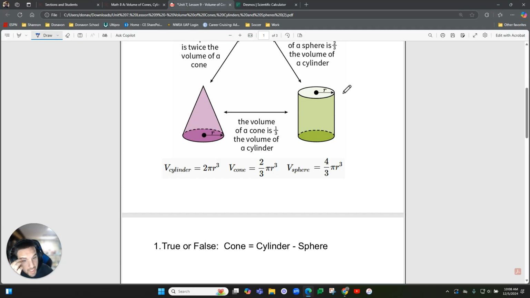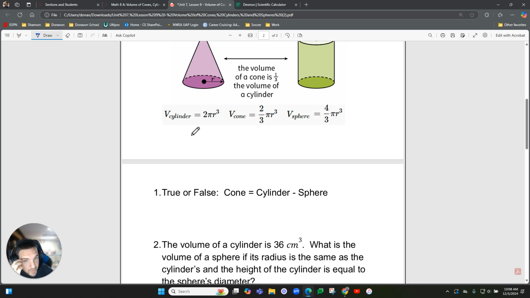True or false, a cone is equal to a cylinder minus a sphere. So if you take the volume of a cylinder, using this formula and this formula, does that equal the same thing as this piece here? In other words, if you look at the cylinder, it's 2 pi r to the third. So that's really like 6/3.